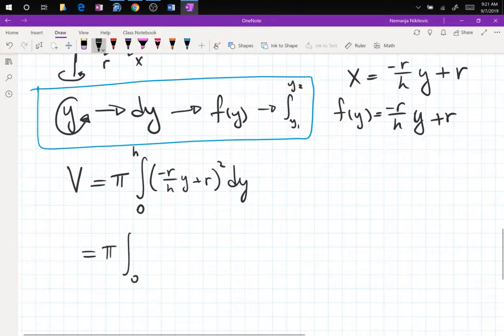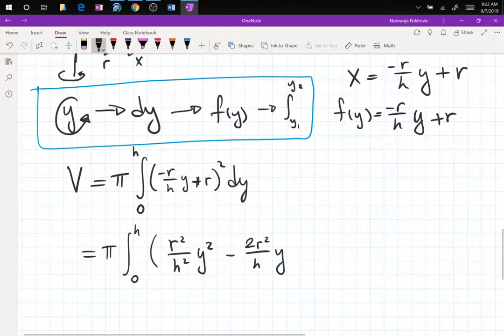We have to square the binomial in here. We have two terms. When you square the one on the left, it becomes r squared over h squared y squared, because each one of them picks up a square. Then you have the middle term, which is 2ab. That's going to be negative, and when I multiply r and r, I get r squared. So negative 2r squared over h y, and then plus r squared.